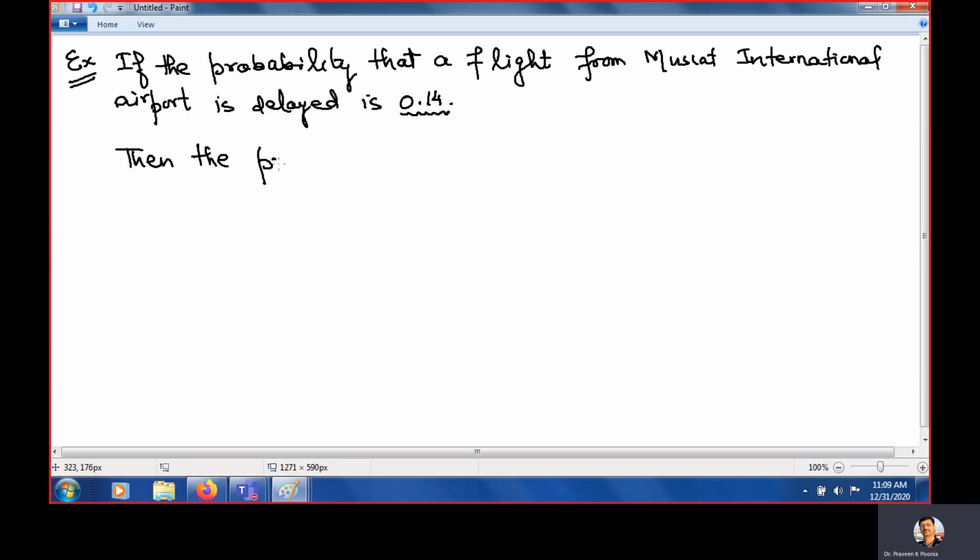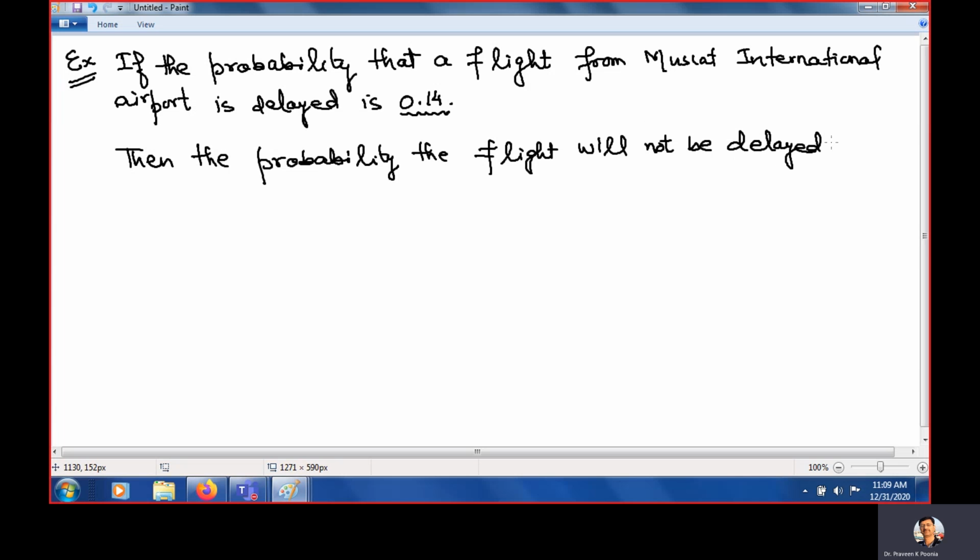Then the probability that the flight will not be delayed is how much? It will be 1 minus 0.14. And 1 minus 0.14 is 0.86.